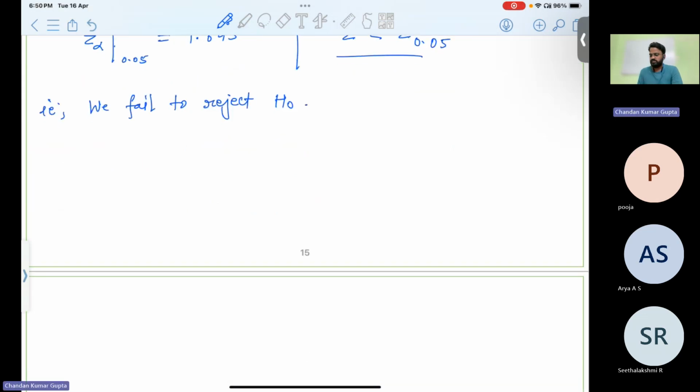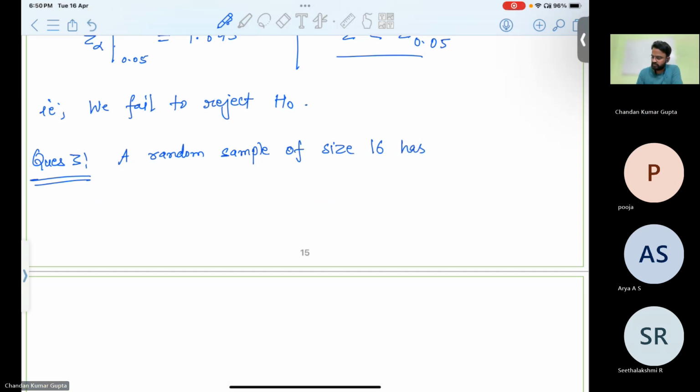Okay, a simple question. The third question: a random sample of size 16 has 53 as mean.